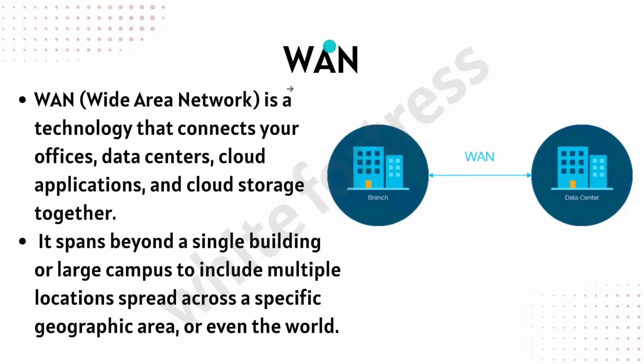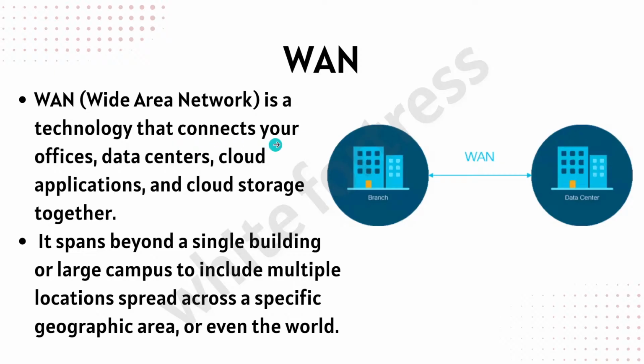So for example, I want to download that video from YouTube to my system. I'm sitting at the office and the video is at the data center, so my office network is connected to the data center somehow, and ultimately to the internet.